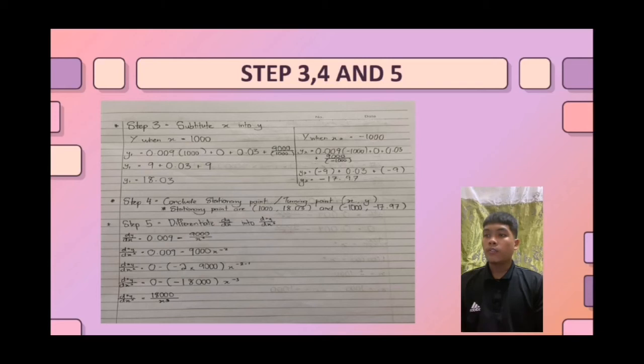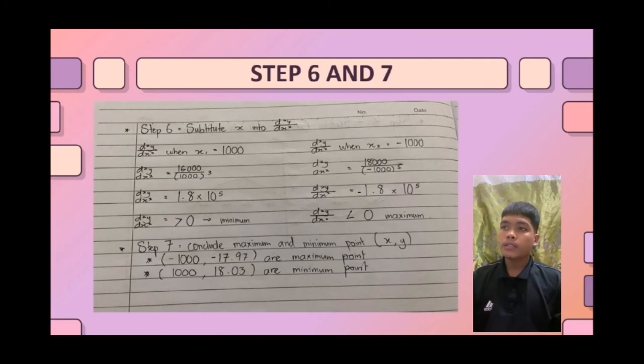So 0.009 becomes 0 because there is no unknown there, and minus bracket negative 2 times 9000 bracket x to the power of negative 2 minus 1. So the final answer for d square y per dx square is 18,000 per x to the power of 3. So the next step is step 6, where we substitute x into d square y per dx square.